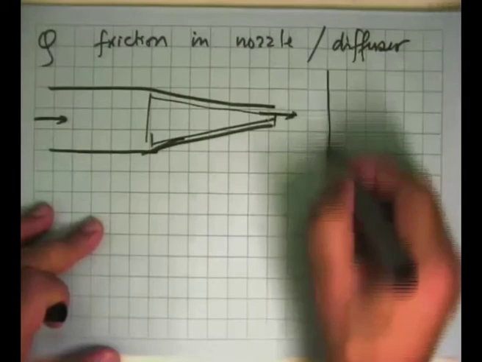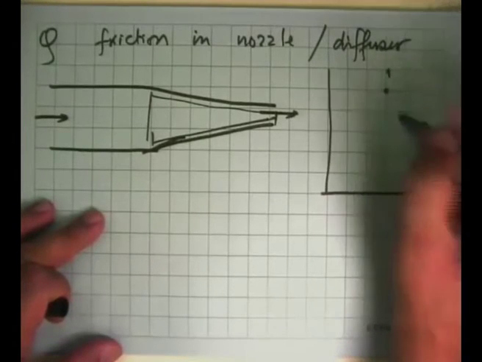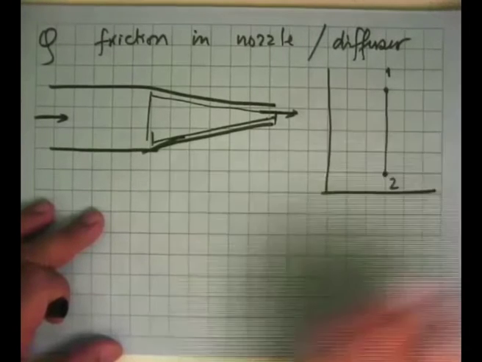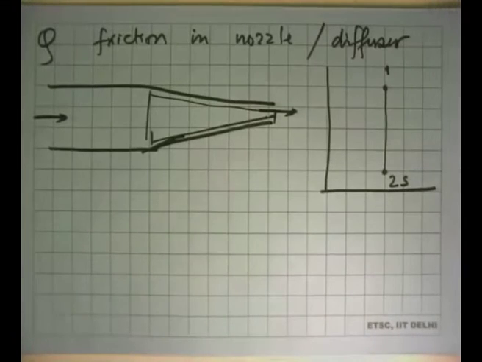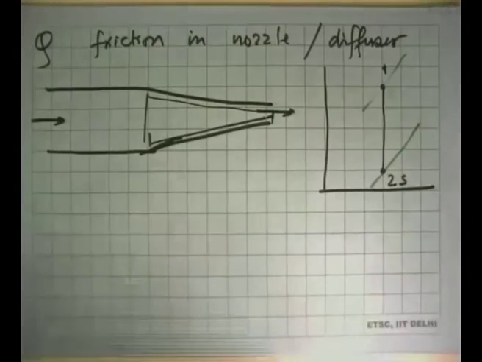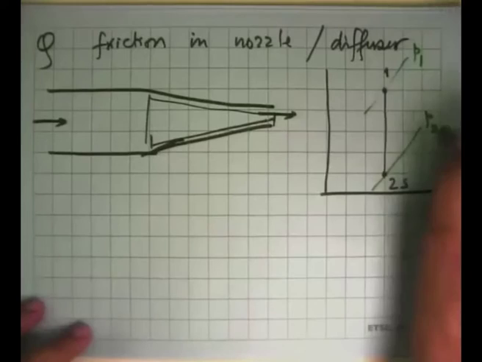So in the nozzle, say this was the inlet state 1, the isentropic nozzle where there was no friction would have come here, 2s, isentropic. But what is happening is this is the isobar there and this is the isobar. So this is the line of P1, this is the line which tells you where P2 is.